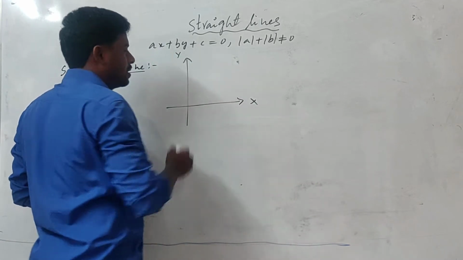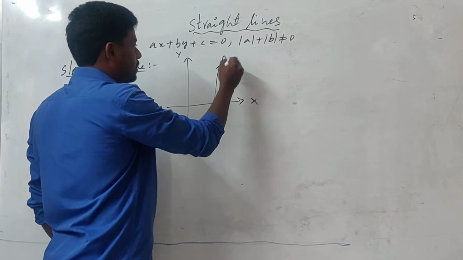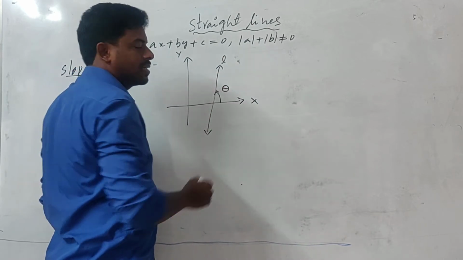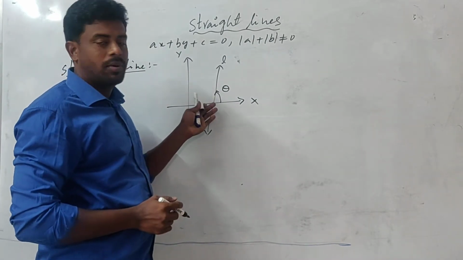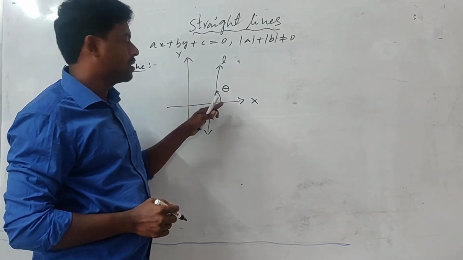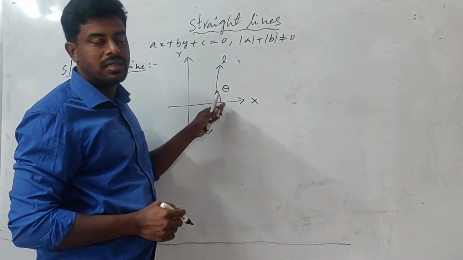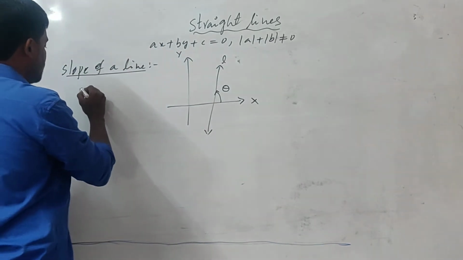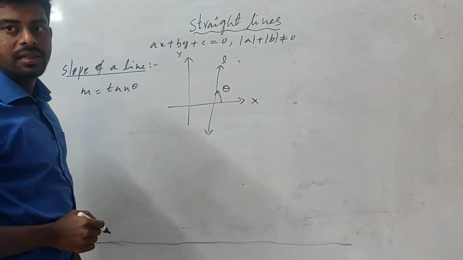The angle made by a line with the positive x-axis in the anti-clockwise direction, in this case, we can say the inclination of a line is nothing but the slope of the line. The slope of a line is denoted by m, nothing but tan theta. m equal to tan theta.